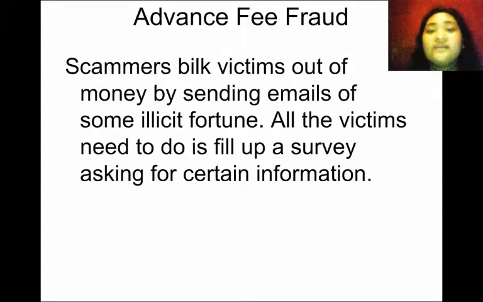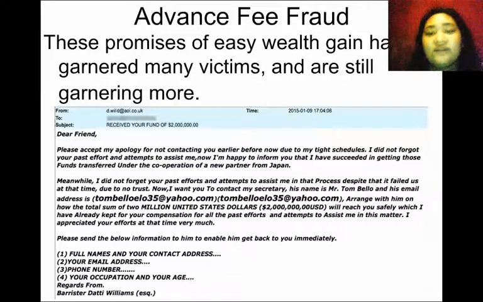Now all the victims have to do in order to get the money which is being withheld from them is to answer a certain survey asking for certain information. Now these promises of easy money gain, easy wealth gain have gotten many victims so far, and they're still collecting even more victims.